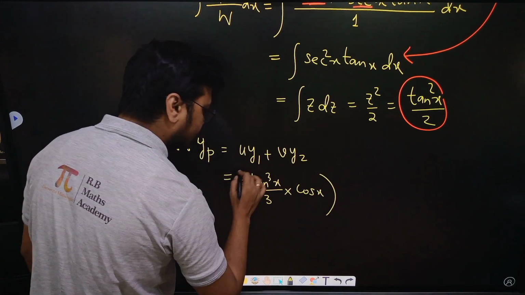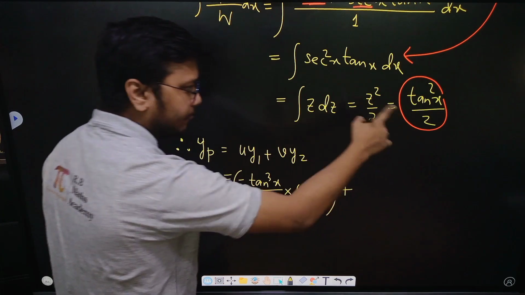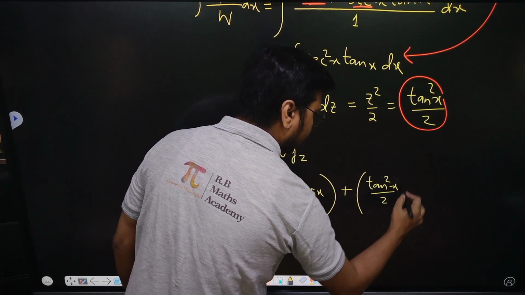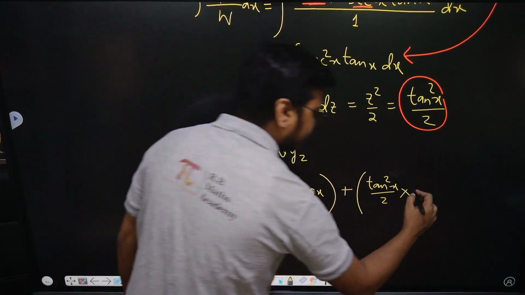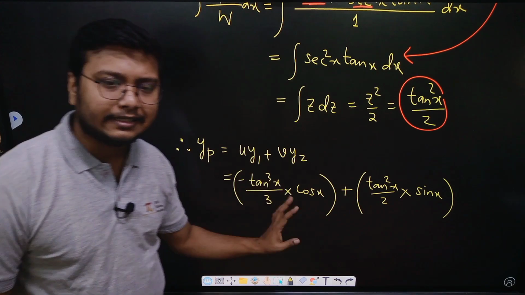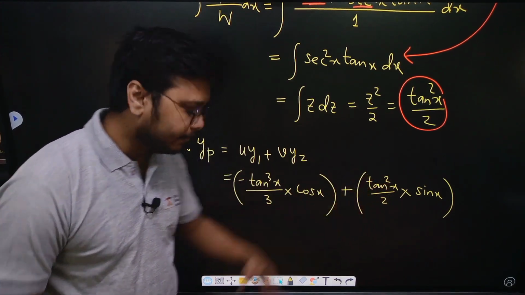So that's our first part, plus v value is tan square x by 2, and the y2 part is the sin x. Okay. So basically this is our particular integral.